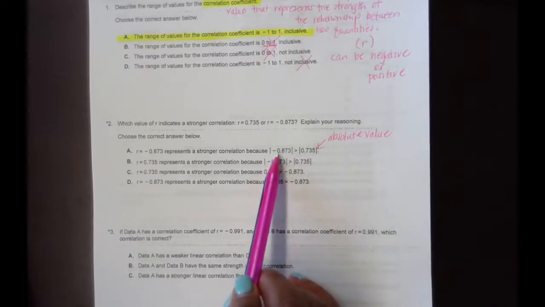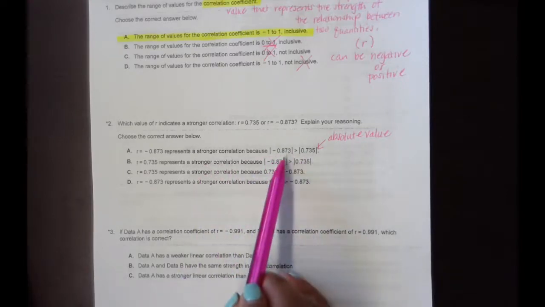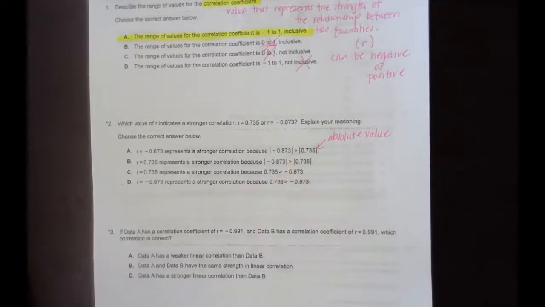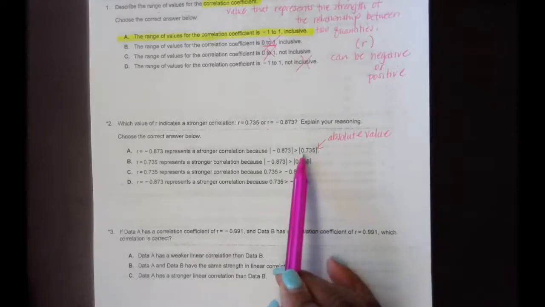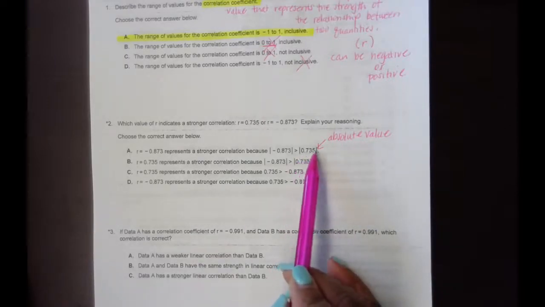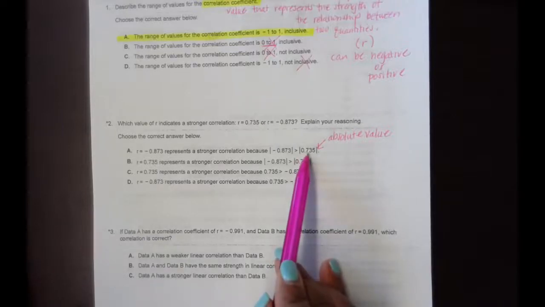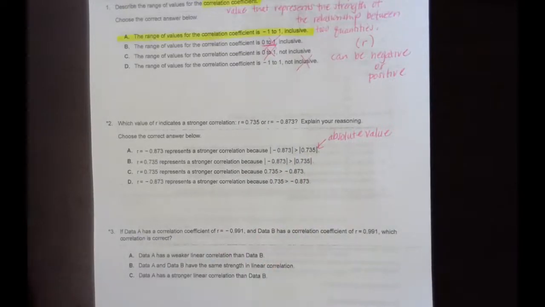Well, -0.873 is this many units away from 0. So in other words, it's just the positive of that value. 0.735 is this many units away from 0, 0.735 units away, because absolute value represents a distance.